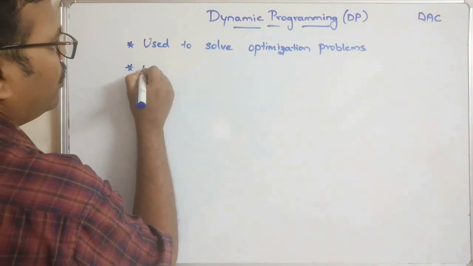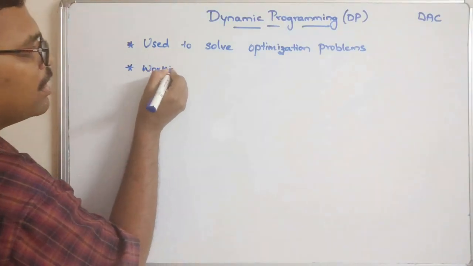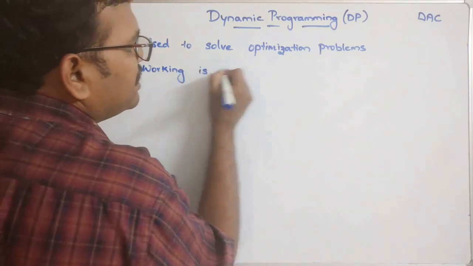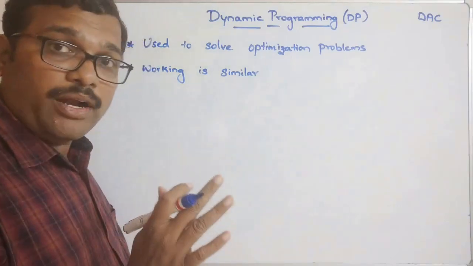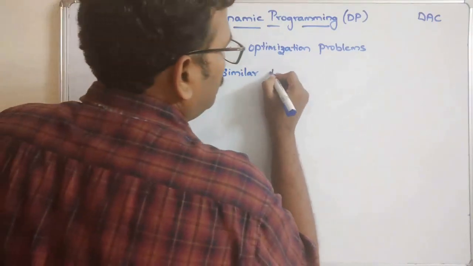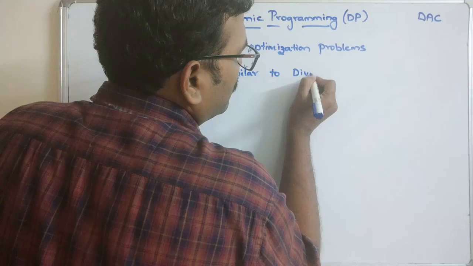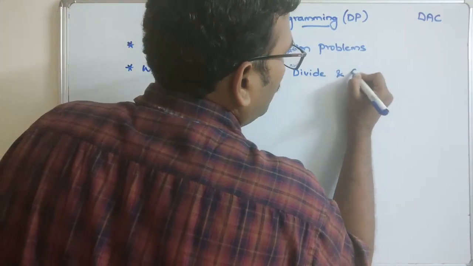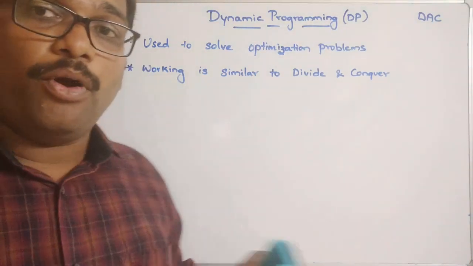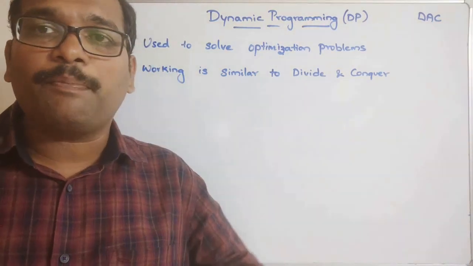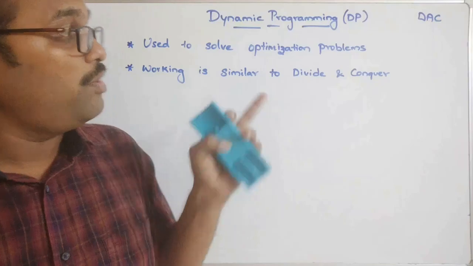And the working is similar, not equal, right? It is similar to divide and conquer. That means here also the complete problem will be divided into sub-problems, similar to divide and conquer.